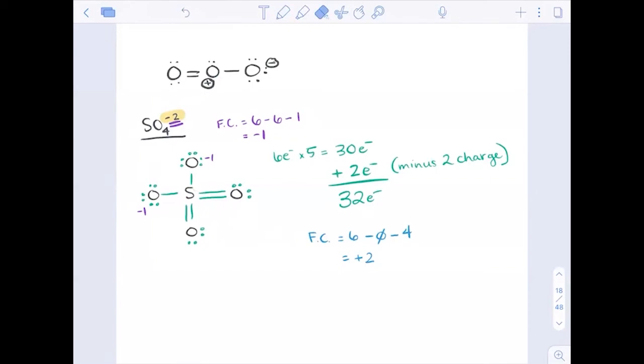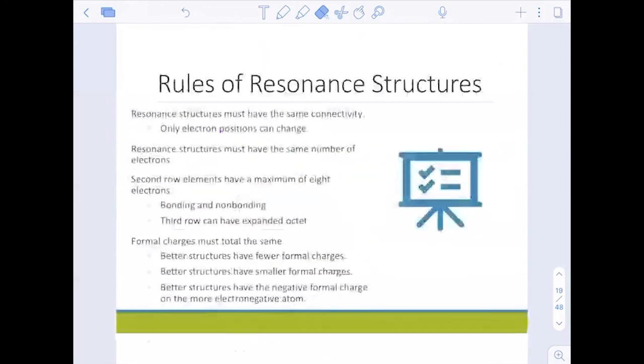We'll bring SO4 -2 back again when we talk about resonance right now. Now, resonance structures have the same connectivity, meaning the same atoms are connected, the only difference being that single or double bonds or lone pair counts can change. Resonance structures must have the same number of electrons.